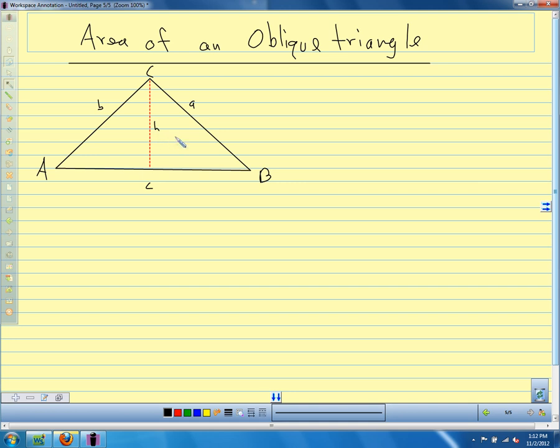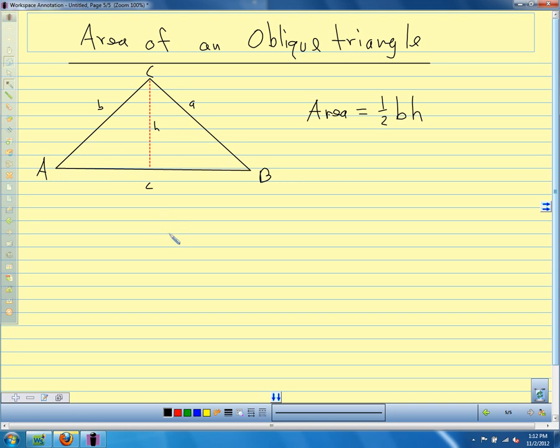And we'll call this the height. So what's the formula for the area of a triangle? Yeah, that was right. Area equals 1/2 the length of the base times the height. So for this particular triangle where we drew in our height, what side of the triangle would be the length of the base?